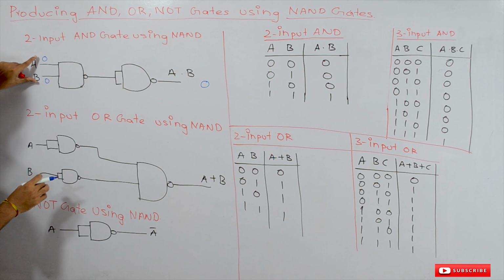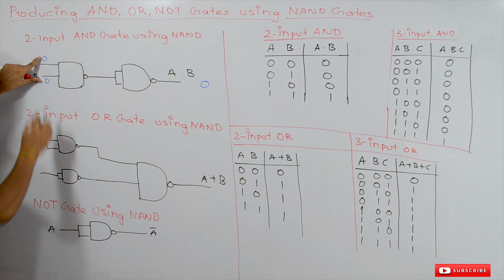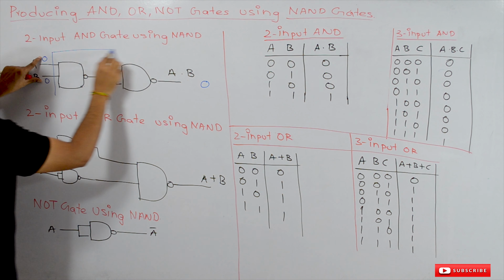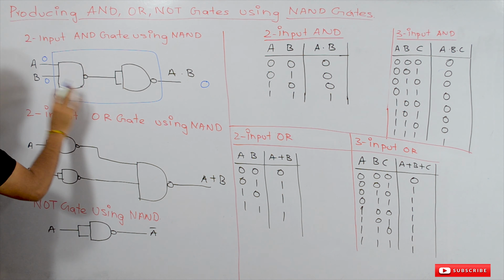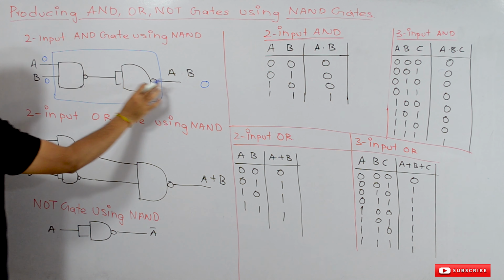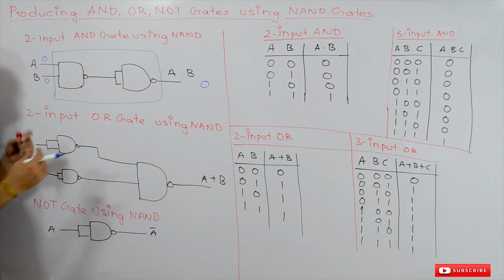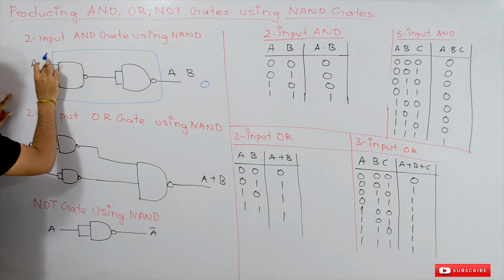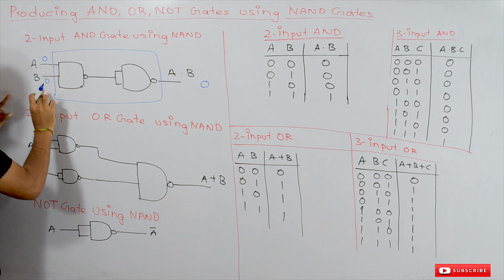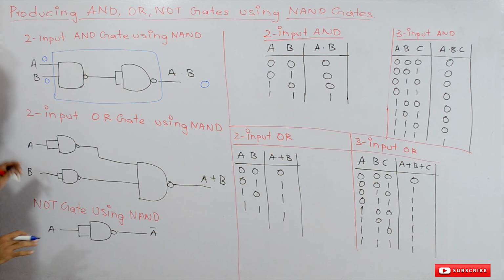This entire NAND gate circuit is fixed in a box. It is not visible, and only the inputs and the outputs are given to us. If you give 0 0, we have to get a 0. So we have to check that.